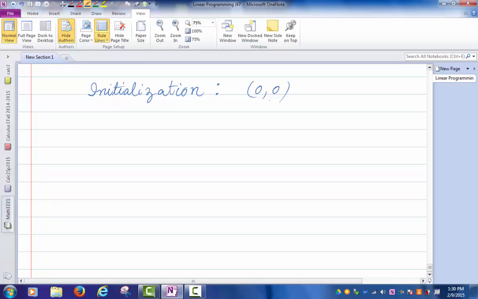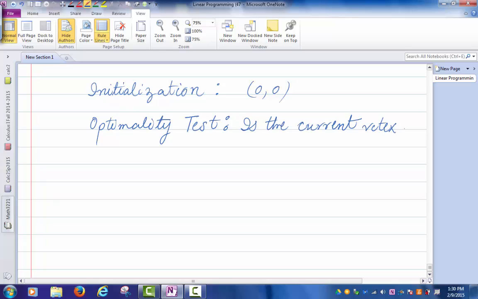And then once you have a vertex, you check whether you have an optimal solution. So the next step is the optimality test. The optimality test is basically: is the current vertex optimal? How do I check that?